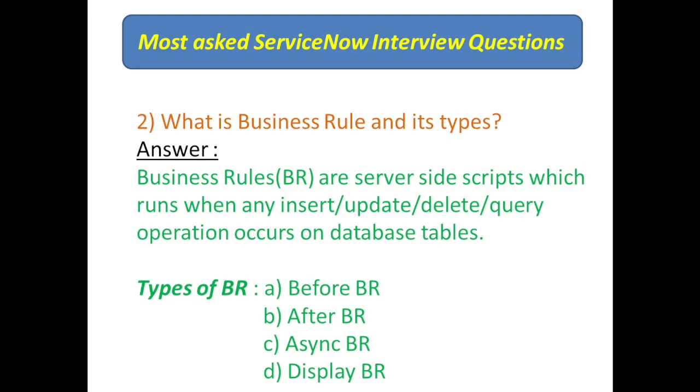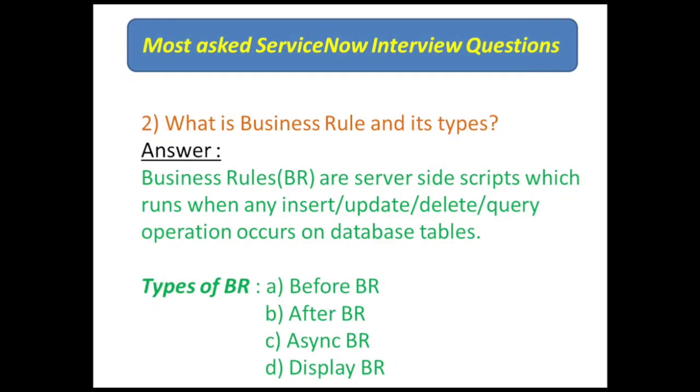One business rule should run and check that for the same caller there should not be any other incident. So the incident form is getting saved, and before it is saved in the database, this business rule will run.